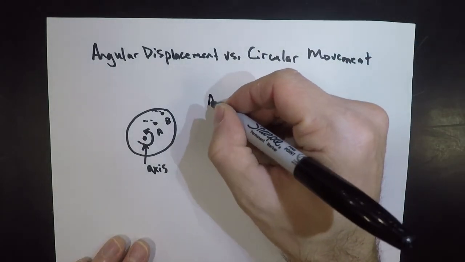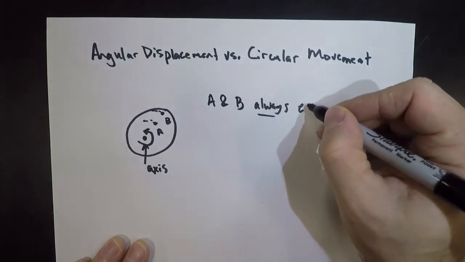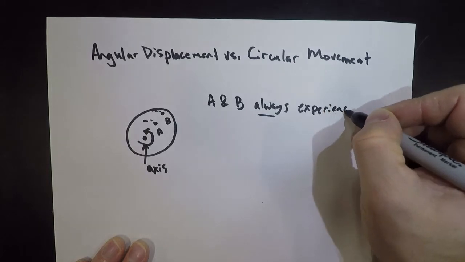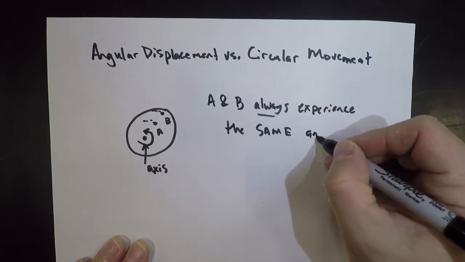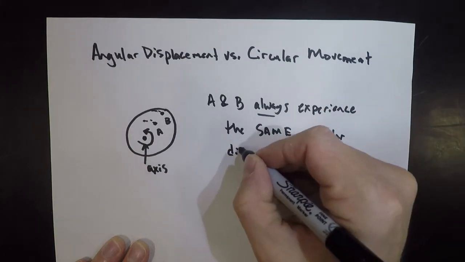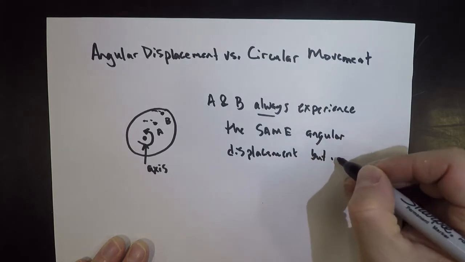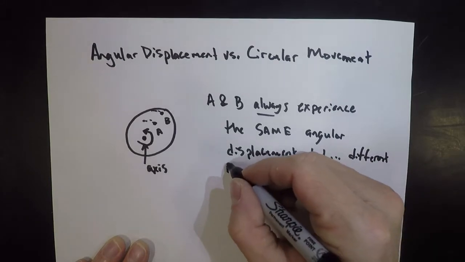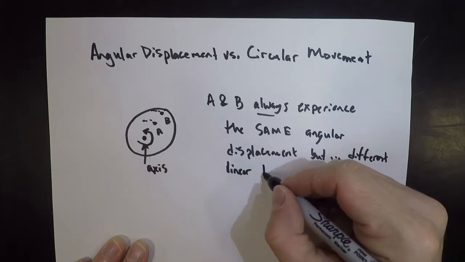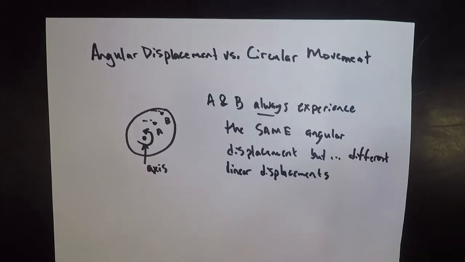So we could say that as it rotates, A and B always experience the same angular displacement, but different linear displacements. In other words, they travel through the same angle, but not necessarily the same physical distance.